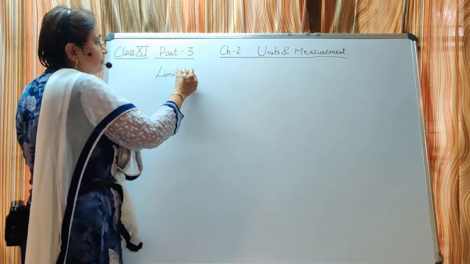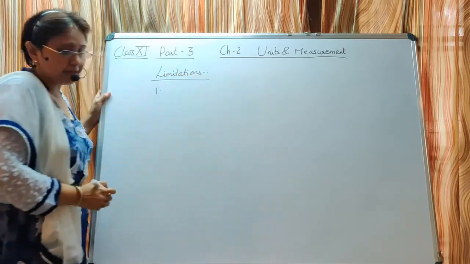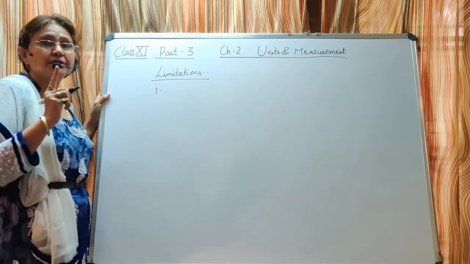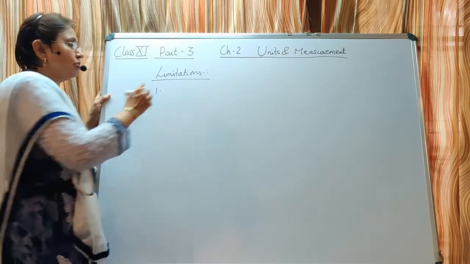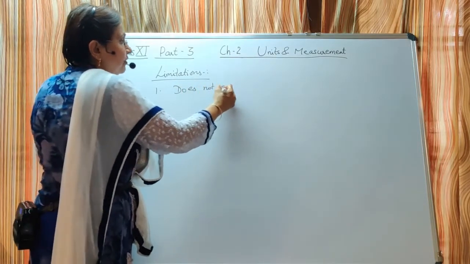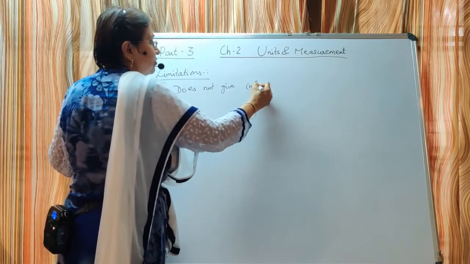Let's study the limitations of dimensional analysis. The first limitation is it does not give any information about the dimensionless constant.